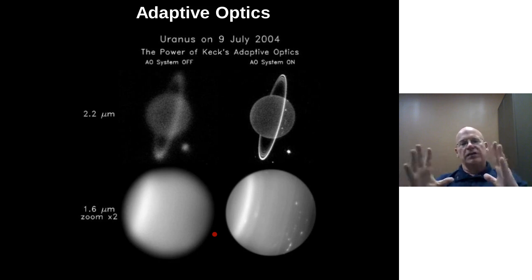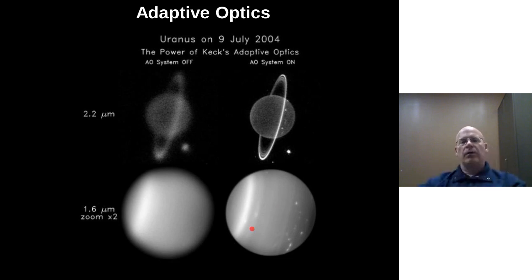With exactly the same telescope, same cameras, everything, the only difference here is the adaptive optics correction. Look, we can see the fine structure of the rings of Neptune. We can see another moon that we couldn't see before. We can really start to see weather patterns on the planet.